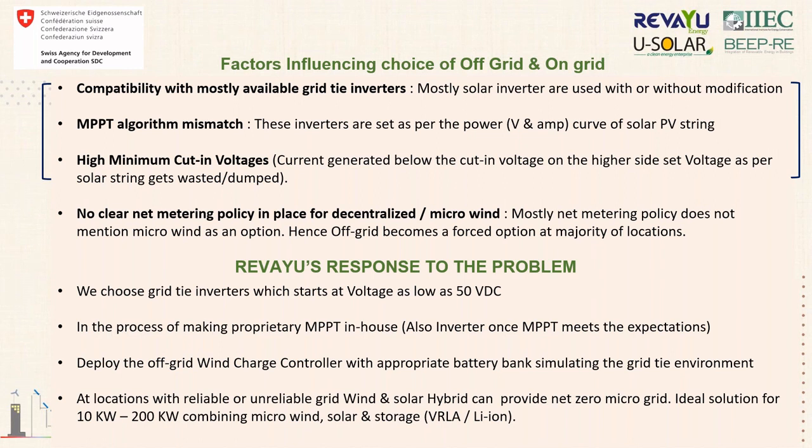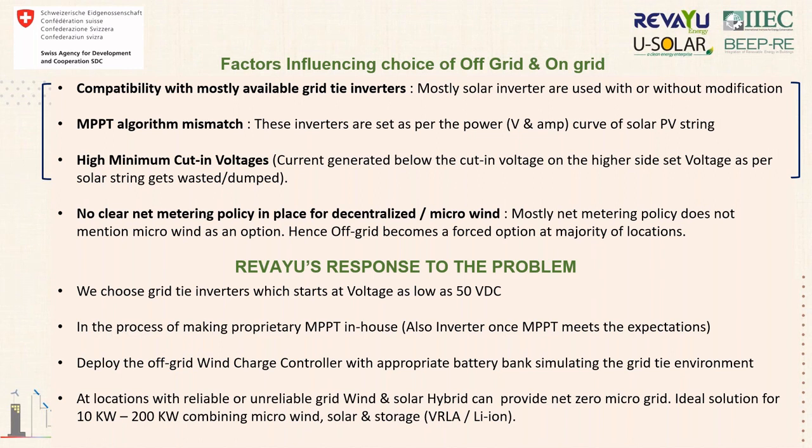So unless the MPPTs are designed specifically for micro wind, the optimized extraction of power will be a misfit, and there can be energy losses during grid connectivity, because of which the expected generation can dip during actual practical installations. And I'll come to what we are doing for that.